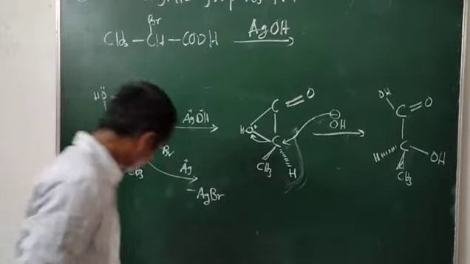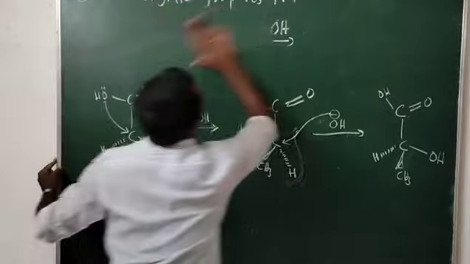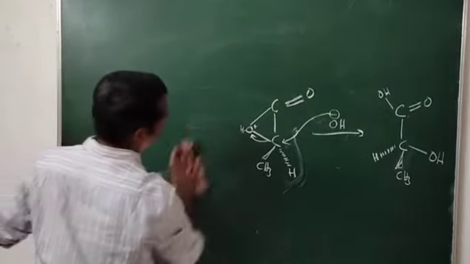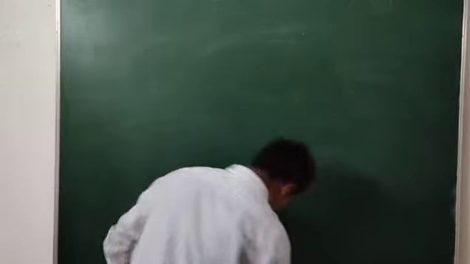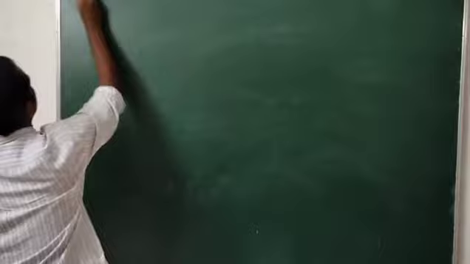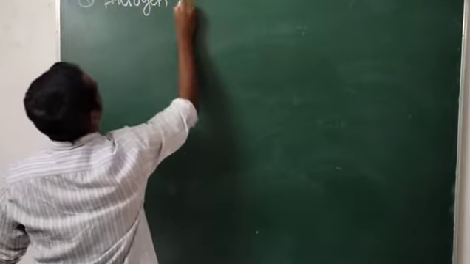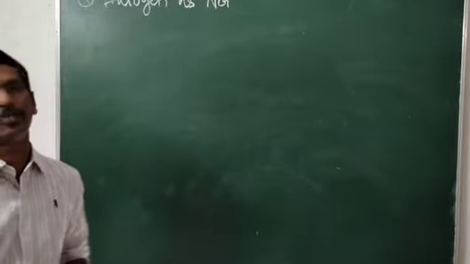Clear? Now, another second one, halogen group. Halogen acts as a neighboring group. Second one, halogen as neighboring group. Halogen is acting as a neighboring group.